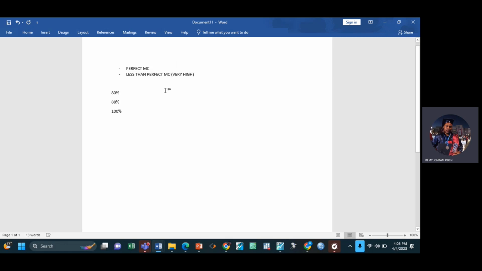That's why, if you ask me, perfect multicollinearity is better than less than perfect multicollinearity. Why? Because if it is perfect, E-views is going to give you a warning that there is a problem, and so maybe you can check your data. But if it is less than perfect, E-views is not going to give you any warning, so you will do the estimation and then you have misleading results.